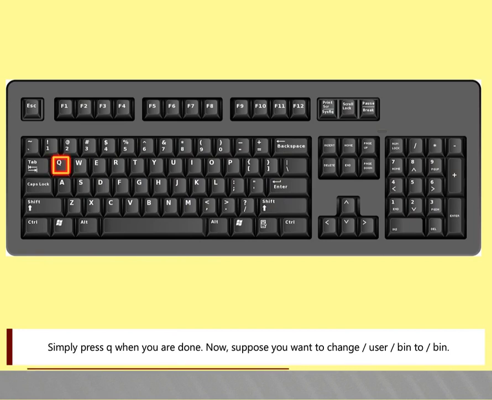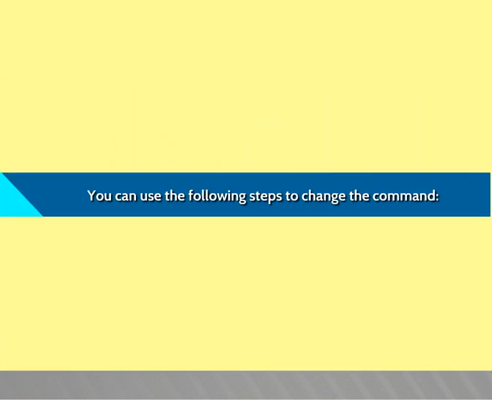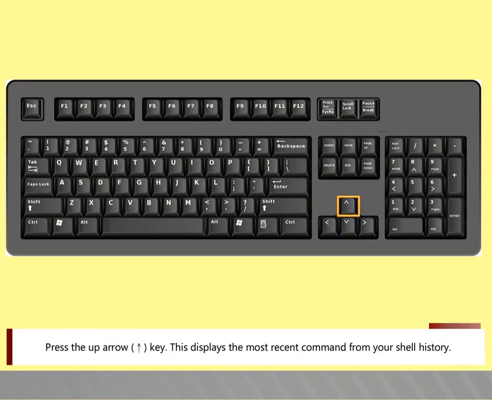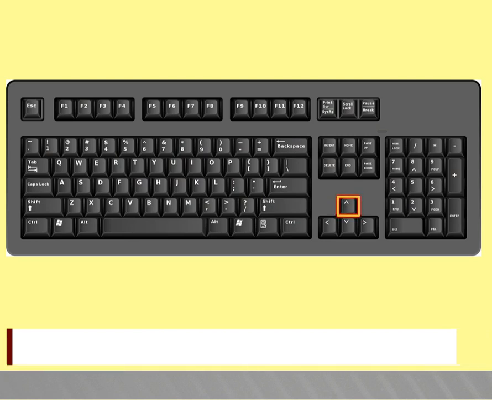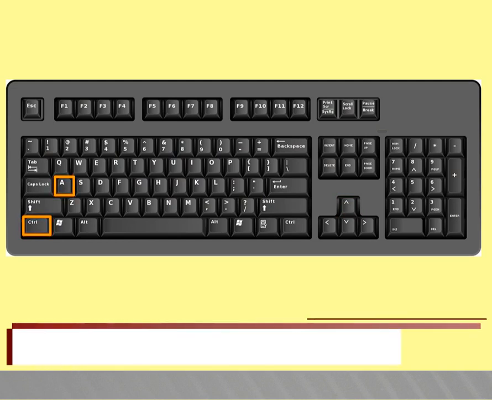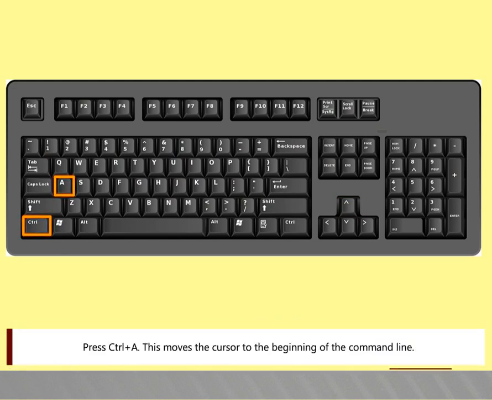Now suppose you want to change /usr/bin to /bin. You can use the following steps to change the command. Press the up arrow key. This displays the most recent command from your shell history. Press Ctrl plus A. This moves the cursor to the beginning of the command line.